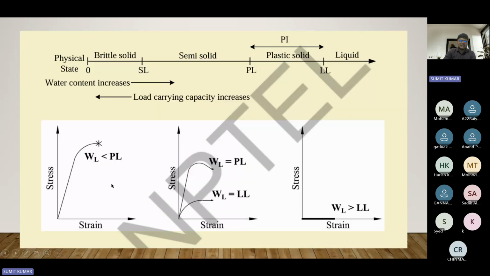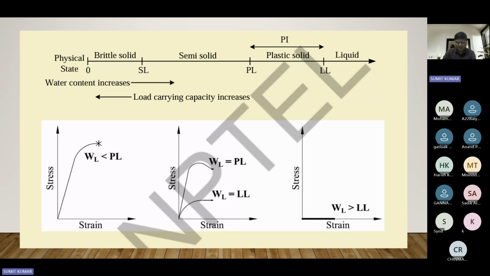Subsequently, we see over here the physical state: from 0 to the shrinkage limit it is a brittle solid. From the shrinkage limit to the plastic limit it is semi-solid, while from the plastic limit to the liquid limit it is plastic solid. Subsequently it converts into liquid. Water content is shown on the x-axis and its characteristics are variable.